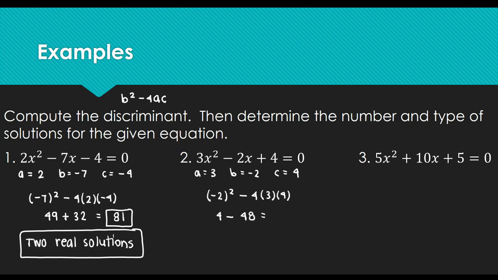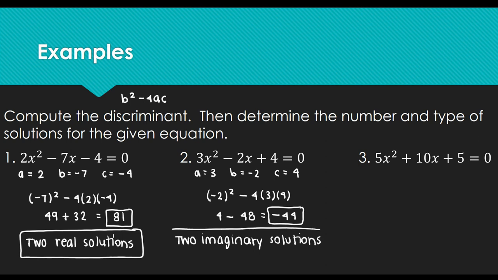When I subtract, notice that I'm going to get -44. There's my first answer. Because I have a negative number, that tells us that we have 2 imaginary solutions. And there are my 2 answers.